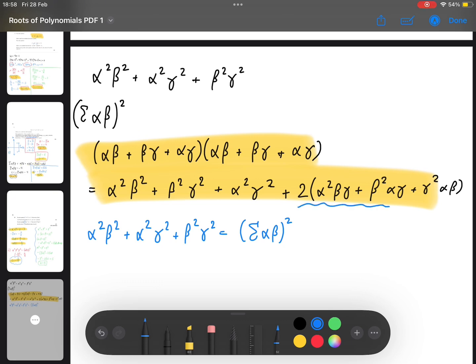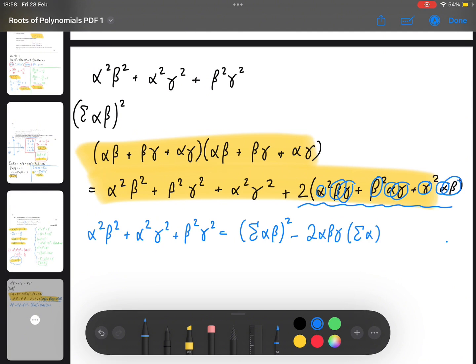This bit here, if we factor out the alpha beta gamma, which is in each of these terms, then something really nice happens. We get 2 alpha beta gamma, and then in here we just get the sum of the alphas from the initial equation again. And sorry, my apologies, that should be a minus sign, not a plus sign.